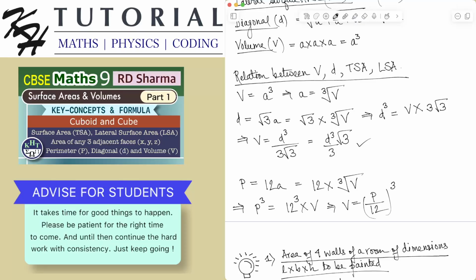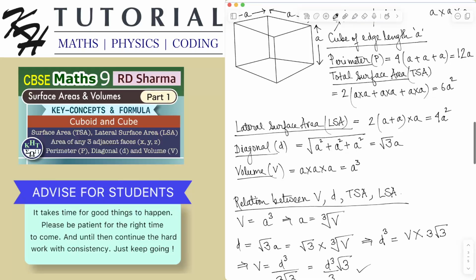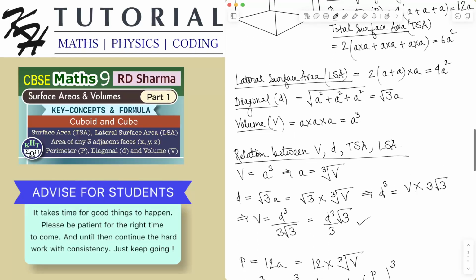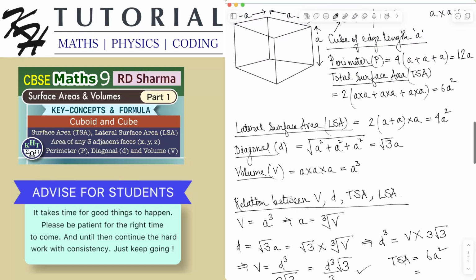TSA, total surface area, is 6A square. What will be TSA in terms of P?